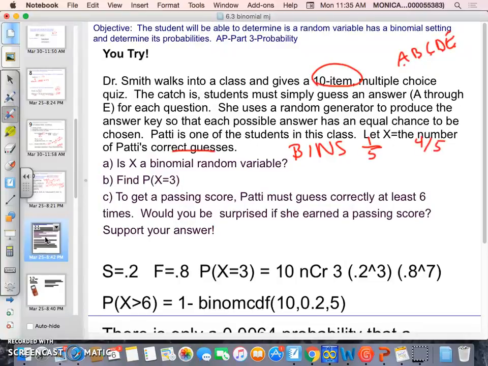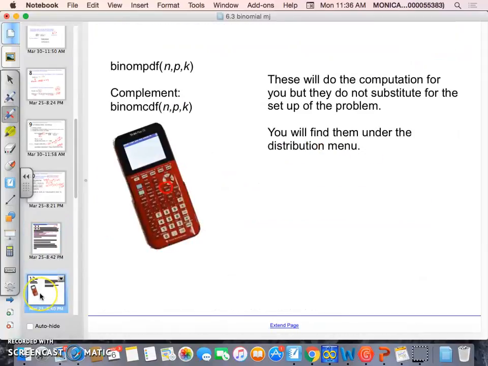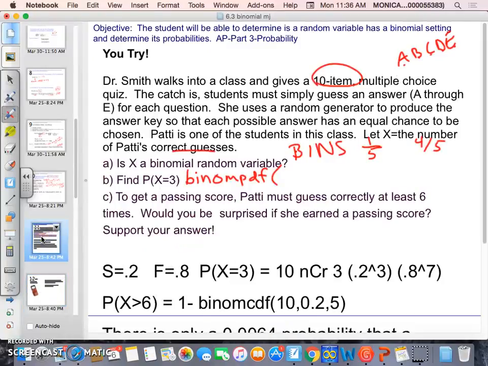All right, so if we want to find the probability of X equaling 3, we're going to go ahead and type it into the calculator. You're going to do binomPDF, and you're going to type in N, P, and K. So N is the number of trials, which is 10.